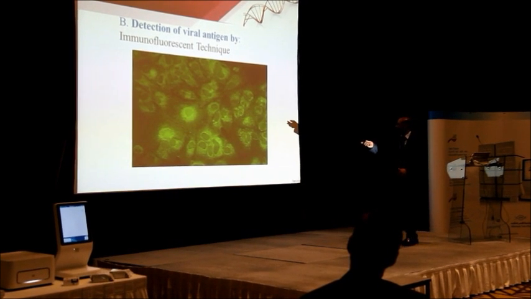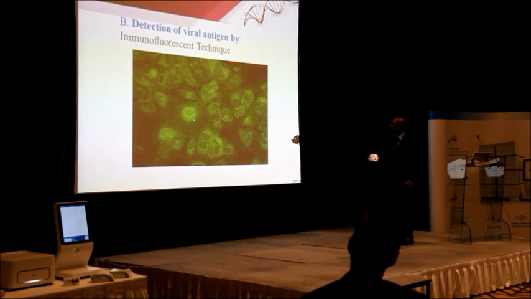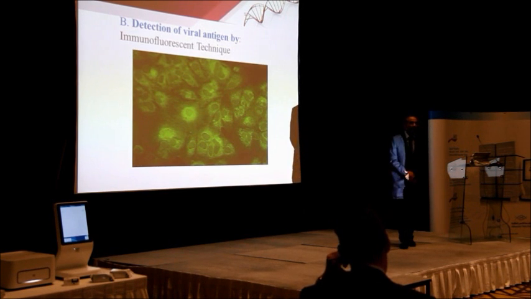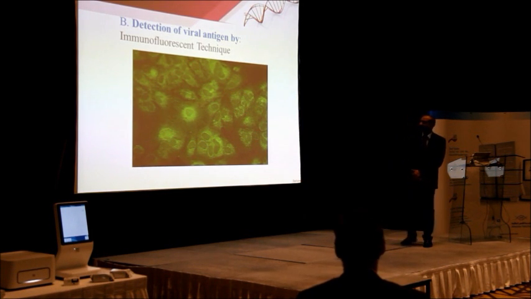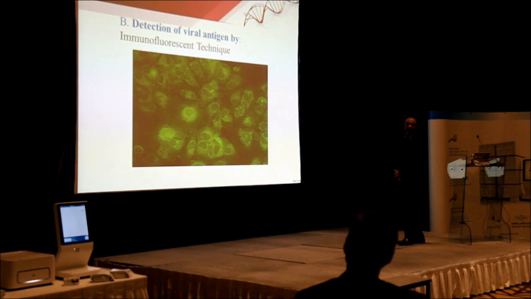As you see, the stain is in the cytoplasm of the cells, because the virus usually multiplies in the cytoplasm and doesn't move to the nucleus, because it's an RNA virus. So most of the replication will be in the cytoplasm of the cells.